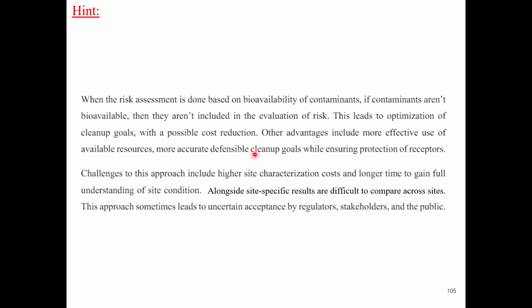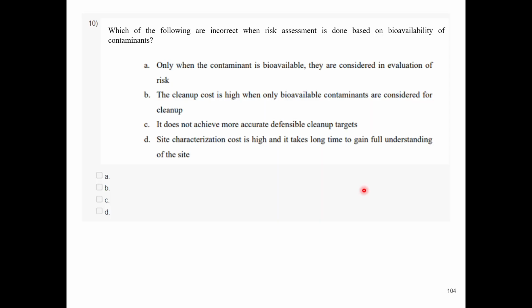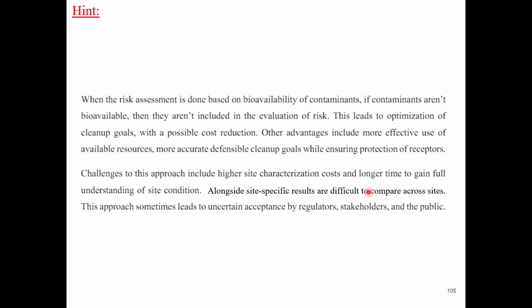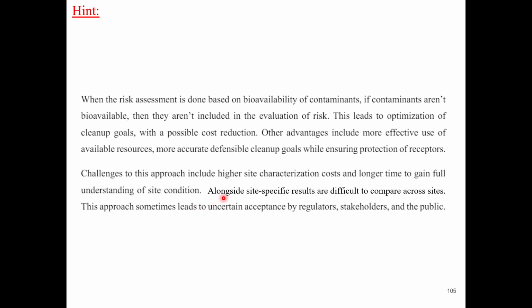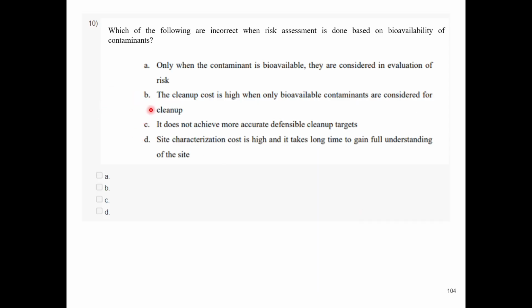Challenges to this approach include higher site characterization costs, so this is true, and longer time to gain full understanding of site conditions, so this is true. Also, site-specific results are difficult to compare across sites, and this approach sometimes leads to uncertain acceptance by regulators, stakeholders, and the public. So B and C are the incorrect options.